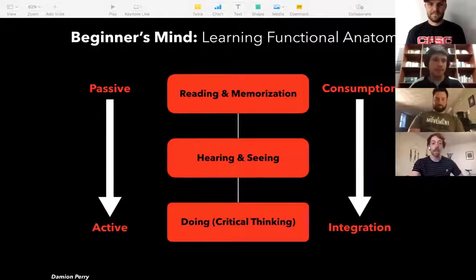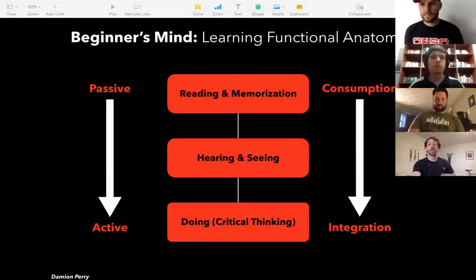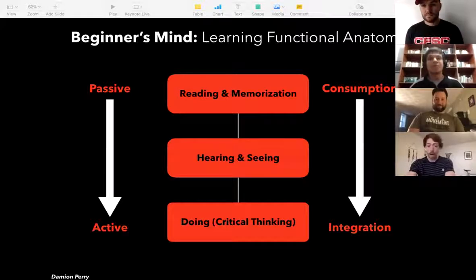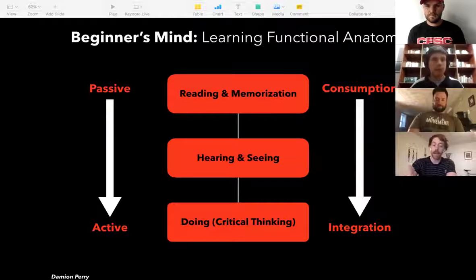So, beginner's mind. I think this is an important concept to walk into anything you're doing, but especially learning something as complicated as anatomy. I laid this out here in the version of how most people go through it. Especially if you've gone to school for something like this, you show up to class, they give you a book and say, hey, go read this book, go learn some stuff.